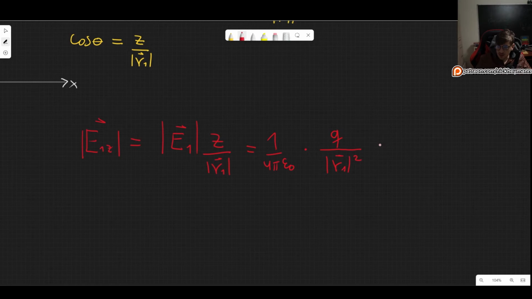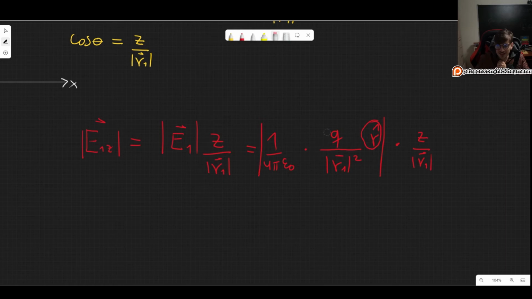And then we still have, and this is very important, notice this, R hat, right? But we want the modulus of all of this. And then we multiply by z over the modulus of R1. Okay, well, what is the modulus of R hat? It may seem confusing, but that is the beauty of using this R hat notation, because that means that the modulus of this vector is 1.